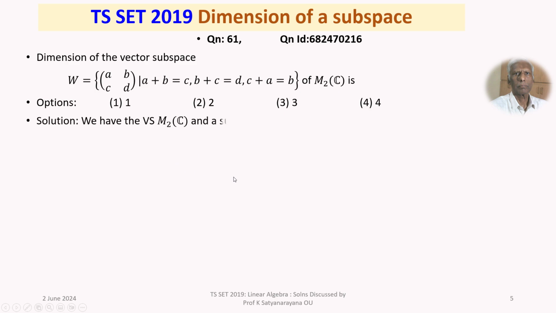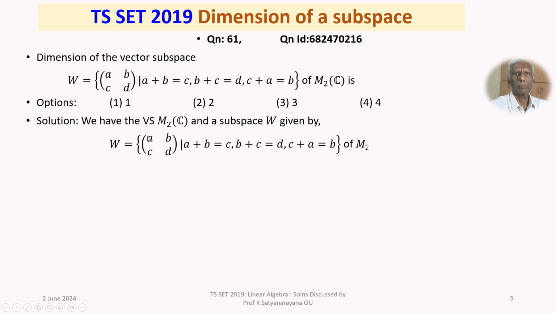And we have W, which is a subspace of V, given by the set of all 2 by 2 matrices (A, B, C, D), where A, B, C, D are complex numbers and they satisfy the equations A plus B is equal to C, B plus C is equal to D, C plus A is equal to B.